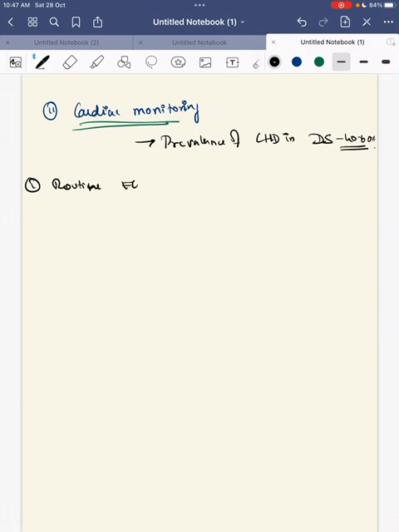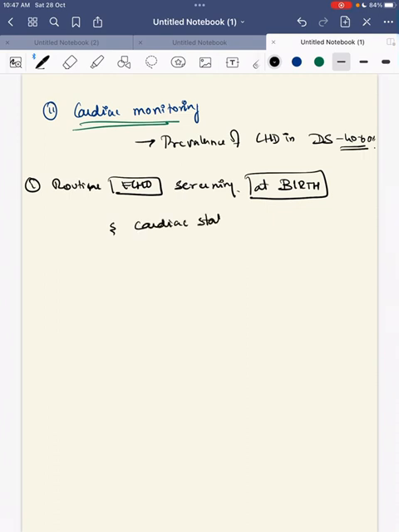So there should be a routine echo screening for a child with features of Down syndrome at birth, and cardiac status should be established by 6 weeks of age. So at birth you will do echo, and at 6 weeks you will confirm the diagnosis.